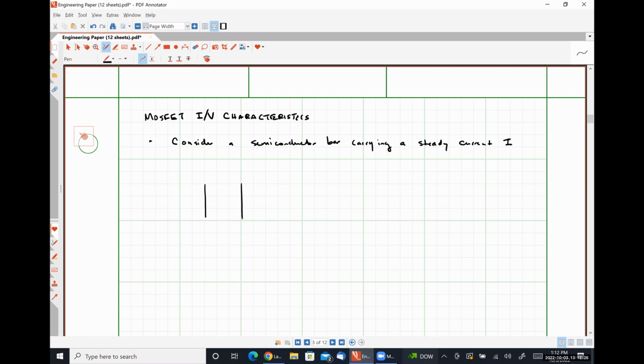We just have a bar with a rectangular cross section, like so. And the current of I is flowing through it, okay?